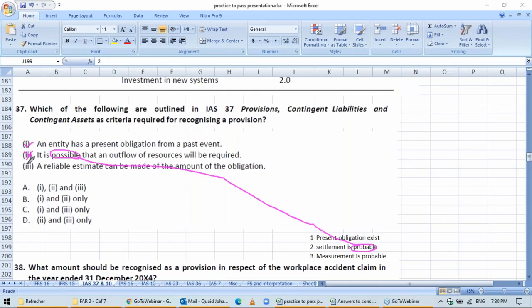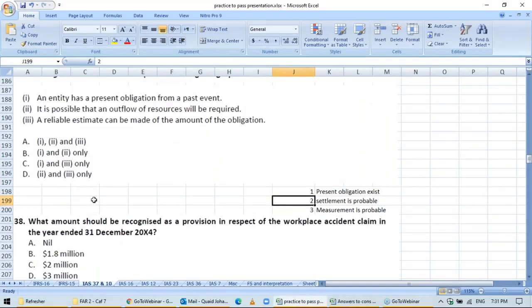These two are there: present obligation exists, and a reliable estimate can be made. So the right answer is 1 and 3. C. Okay, let's move ahead. This was a simple one.